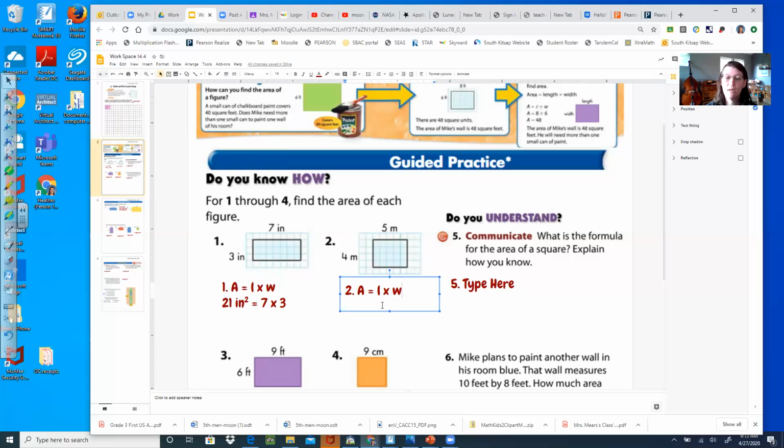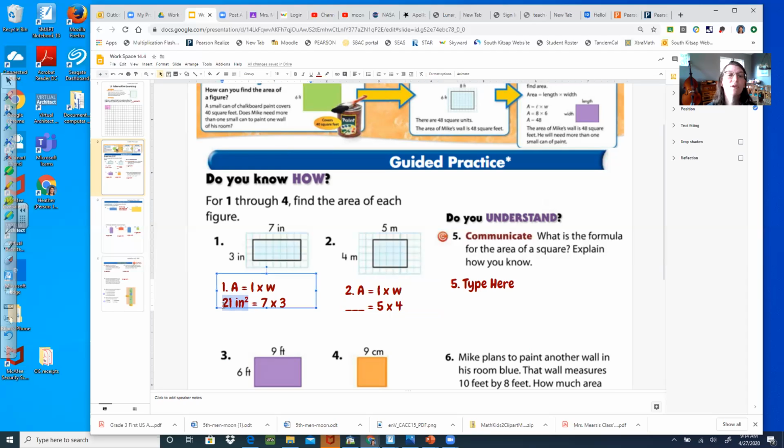So right now, I don't know what it's going to be. I know my length is 5, and my width is 4. So I need to be thinking, what is 5 times 4?